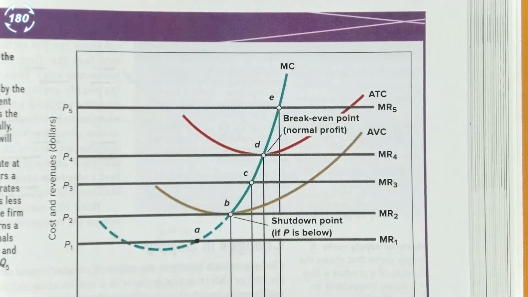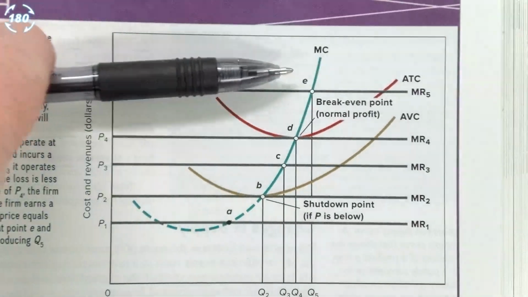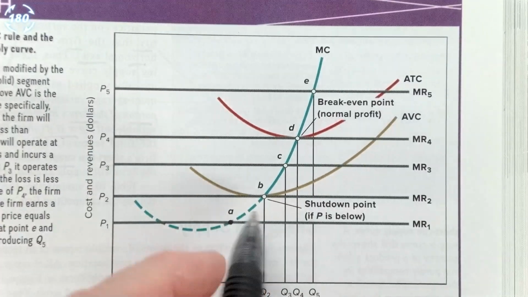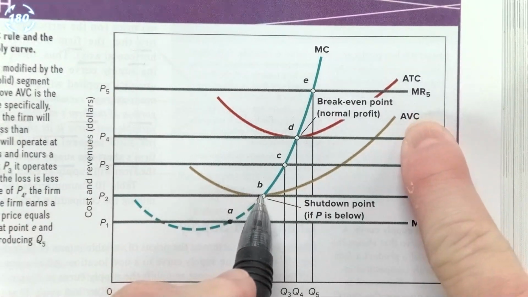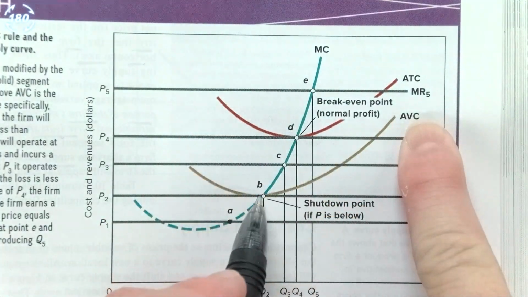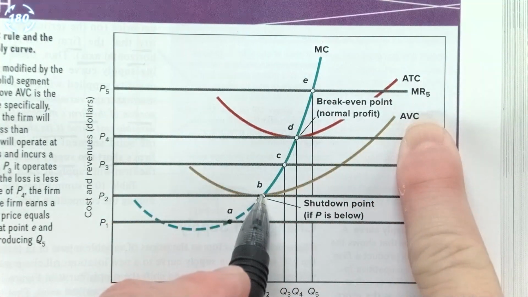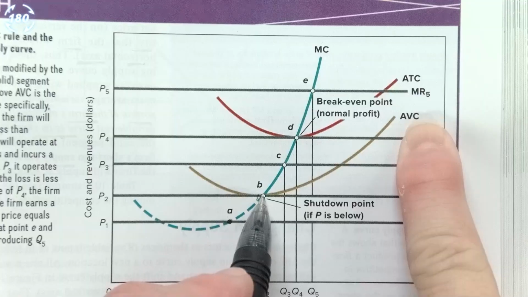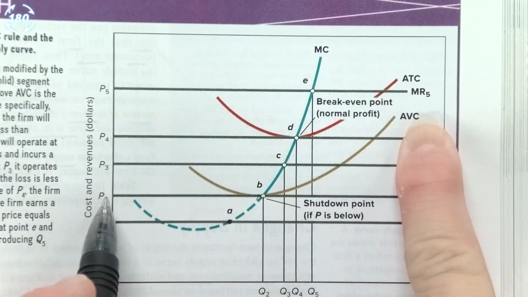Okay, and so we talked about the shutdown condition. If the price in the marketplace falls below minimum average variable cost, then the supply curve makes this jump. Above that, the supply and marginal cost curve are the same. This is what you'll supply as a supplier in perfect competition. But it'll jump over here.